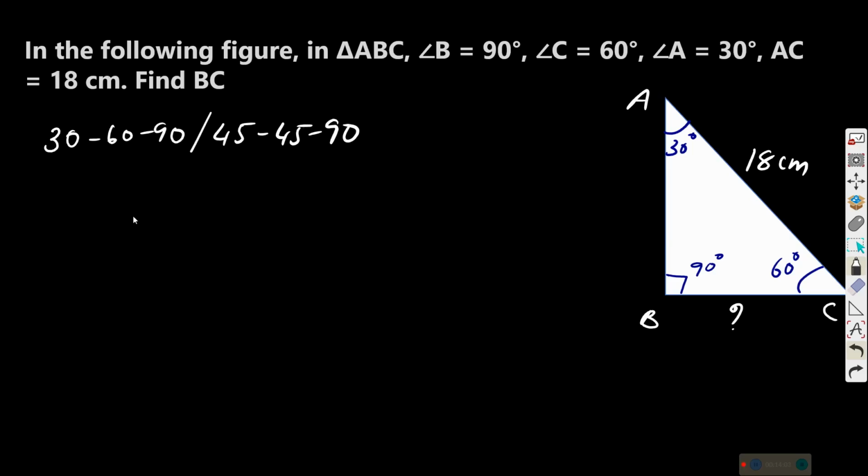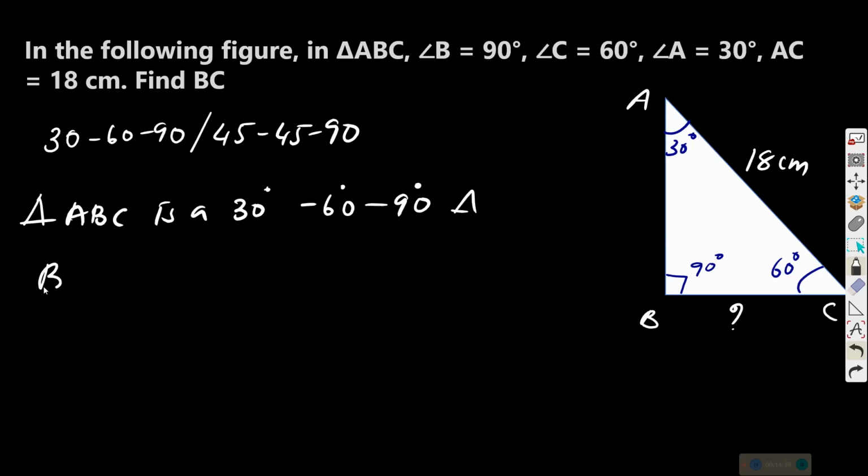So we'll substitute the value here. The question is what is BC. We have to mention triangle ABC is a 30, 60, 90 degree triangle, correct? So you can straight away write, after writing that, BC is equal to, how it is connected with hypotenuse.